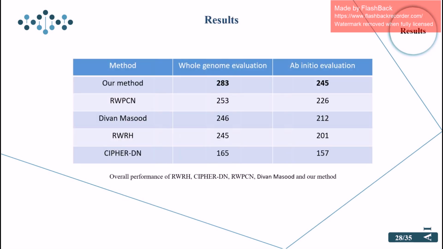Now it's time to see our results. We compared our work with four other methods by utilizing a whole genome evaluation and ab initio evaluation. As you can see, our work outperforms the previous methods in both sections. And we also chose two diseases, type 2 diabetes and breast cancer, as our case studies.